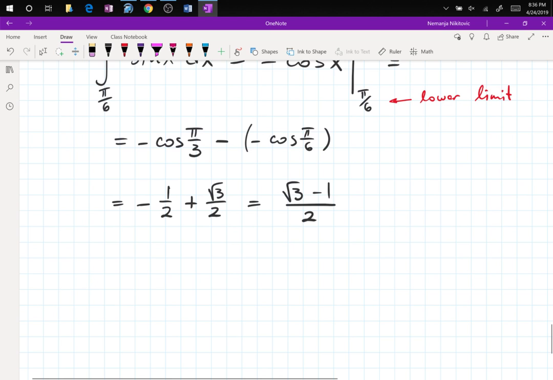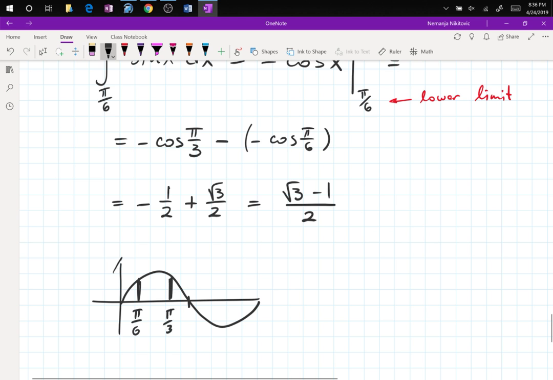On my graph for sine, I have my pi over 6, I have my pi over 3. This area here is what we have.